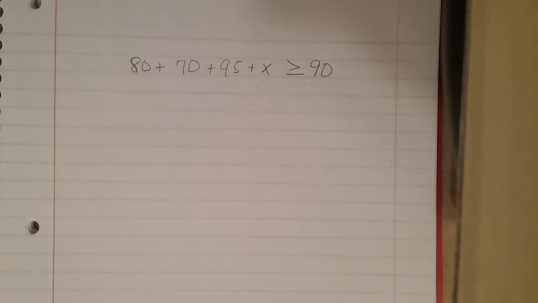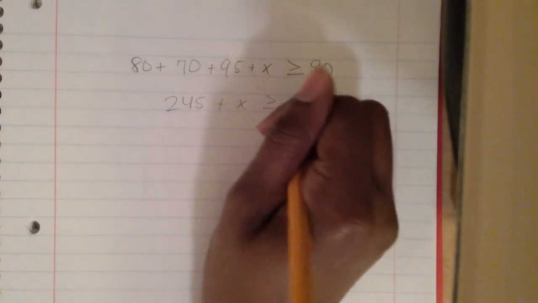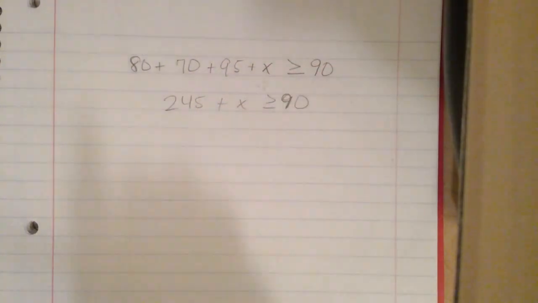All right, so first we're gonna add the rest of the items up. So we have 80 plus 70 plus 95. I got 245 plus x is greater than or equal to 90.